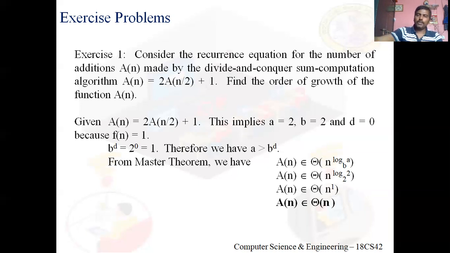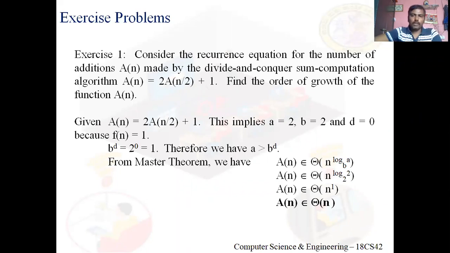Now what do we need to determine? We need to determine what A of n belongs to. I need to determine A of n's order of growth. Is it logarithmic, n log n, linear, quadratic, cubic, exponential, factorial?